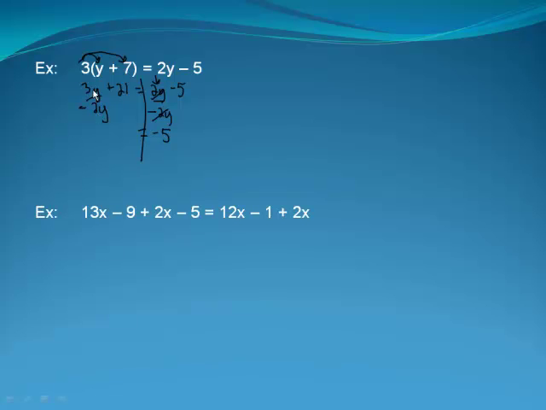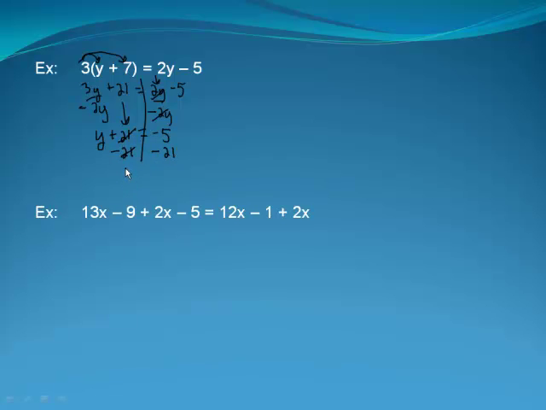Left-hand side, combine like terms. I've got 3y minus 2y is 1y, which is just y, and I still have that plus 21 on the left-hand side that I haven't moved. Okay, my goal is to get my y by itself, so I want to move that 21. So I'm going to subtract 21 from both sides.